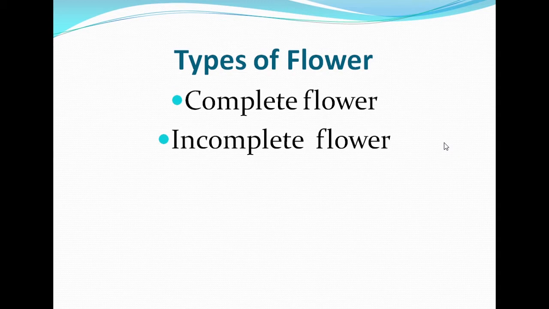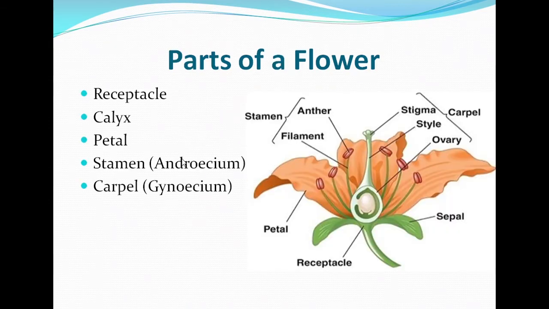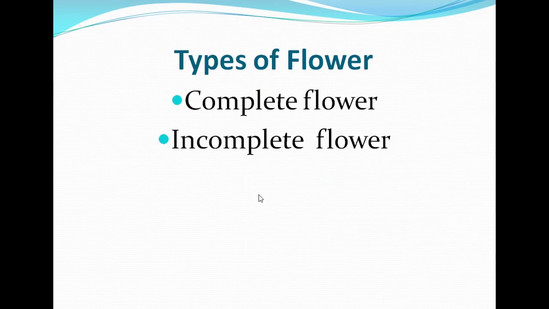Now, types of flower. There are two types of flower: complete flower and incomplete flower. When all the parts are present in a flower, it is called complete flower, and when there is the absence of any part of the flower, then it is called incomplete flower.